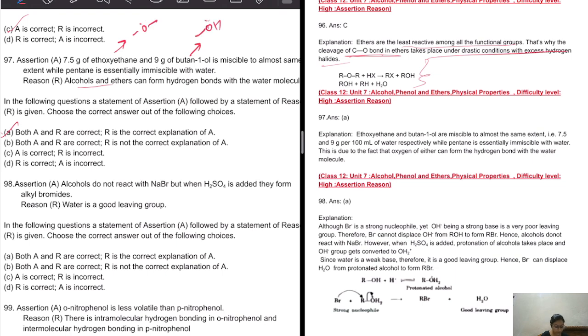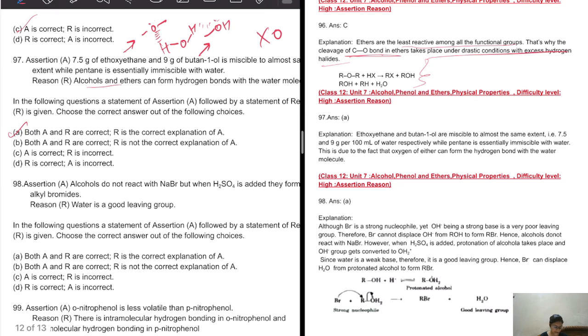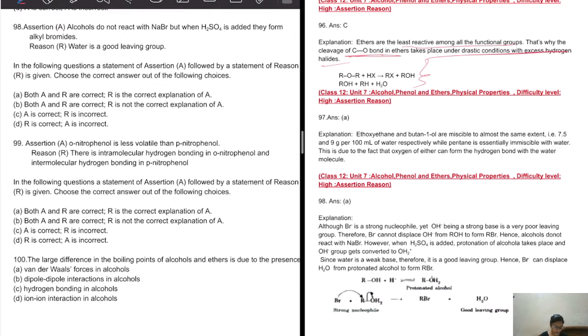Both have oxygen, so they can form hydrogen bonding with water. But pentane does not have an OH group. So that is why we have option A as our answer. Now let's see the next question.